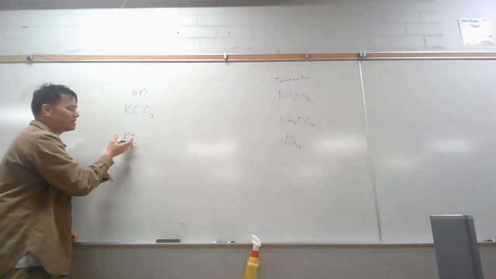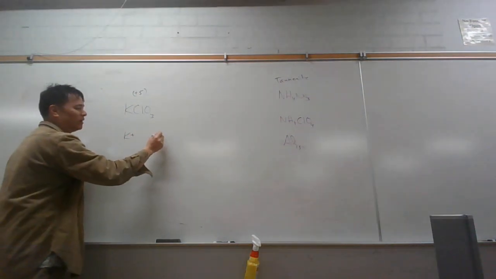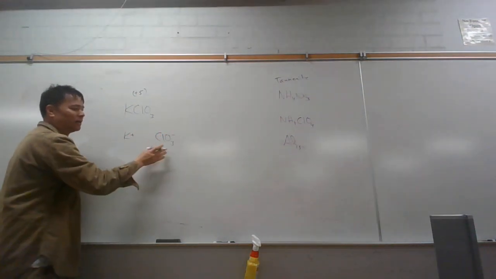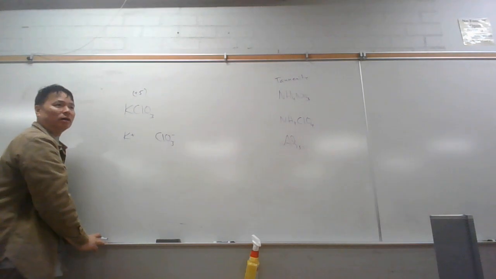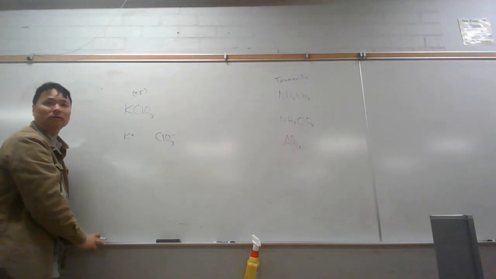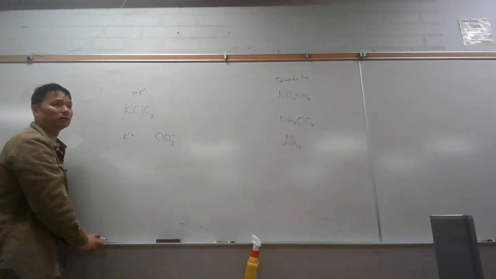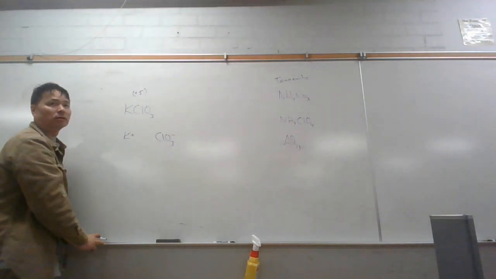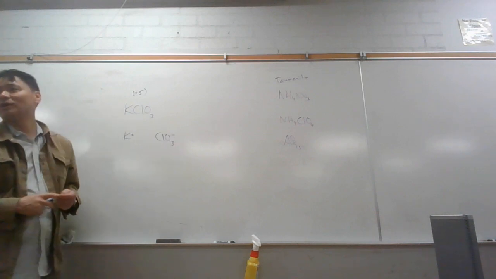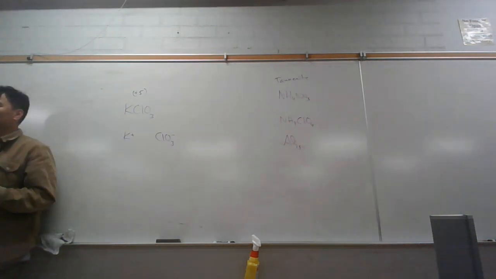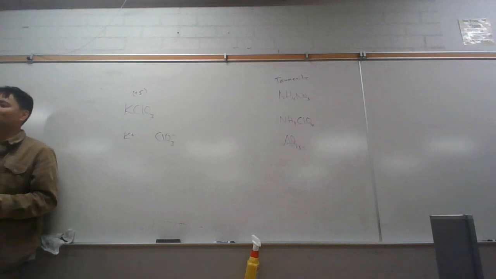No. Potassium ions, not reactive at all. Chlorate, I would think of as a pretty good oxidizer, a pretty good reducer. Is it electron rich or electron poor? Oxidizers are electron poor, so reducers are electron rich.